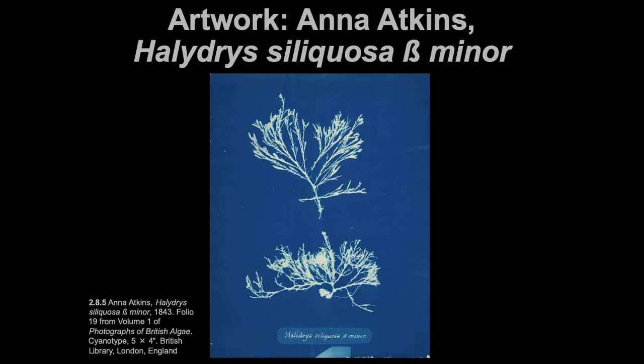And then she stops the exposure and pulls the plants off, and then that is how the work has been captured. I don't exactly know the chemicals and how this is achieved, but it's something that can still be done today, and artists do use it in this way.